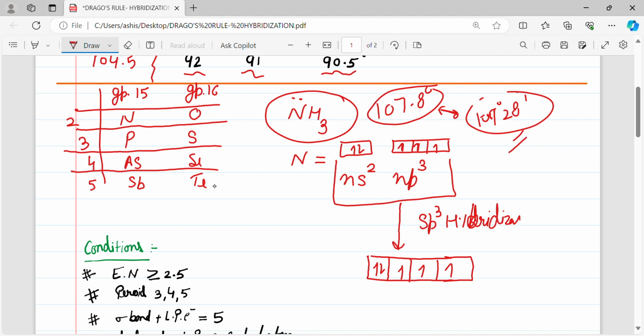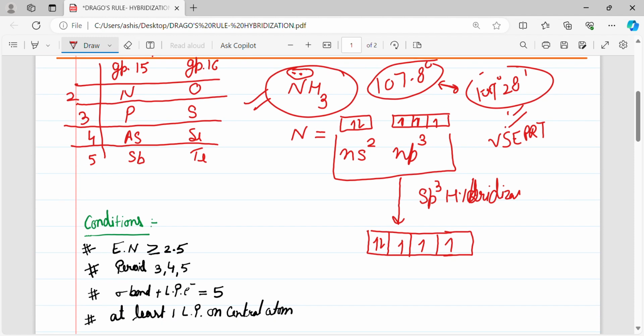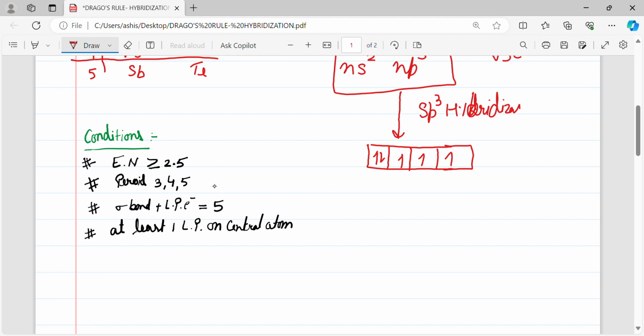We can say there is no large difference between the general bond angle of tetrahedral sp3 hybridization and the bond angle of ammonia. Why is the bond angle of ammonia slightly less? That is because of lone pair-bond pair repulsion. According to VSEPR theory, we can explain why the bond angle of ammonia is less than 109 degrees 28 minutes, because the lone pair repels the bond pair.